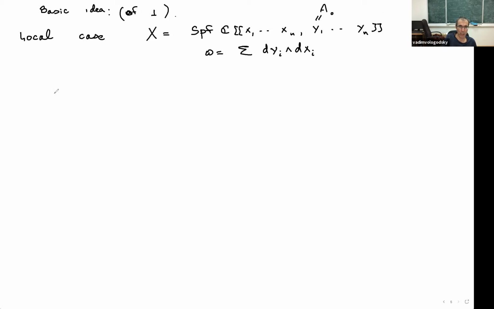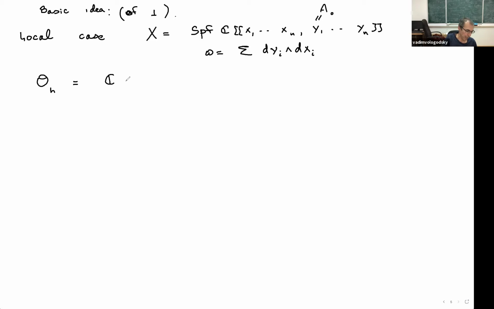Well, that's a special case of the construction that I explained about this cotangent bundle. So explicitly, I can consider the following algebra, just the Weyl algebra.